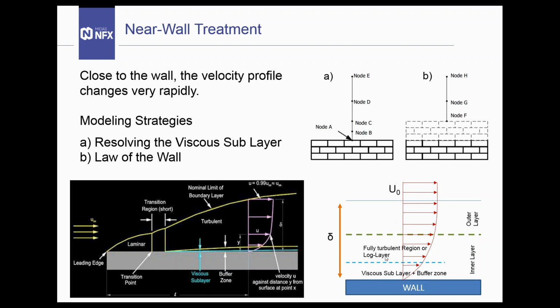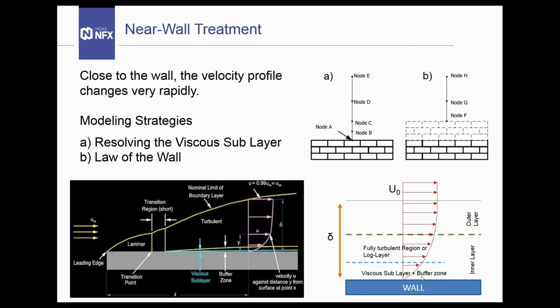The second is the fully turbulent region, or the log layer, and above that we have the outer layer. So what are we doing? We need to model this layer very accurately to get the correct CFD result.